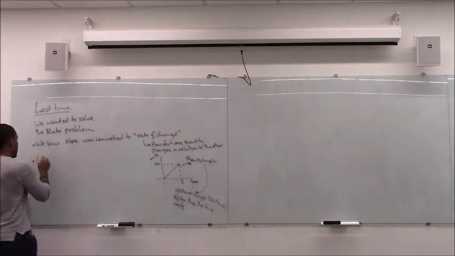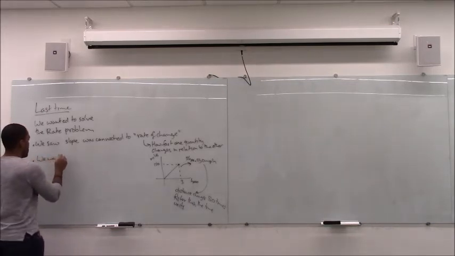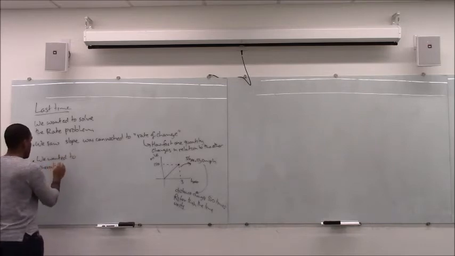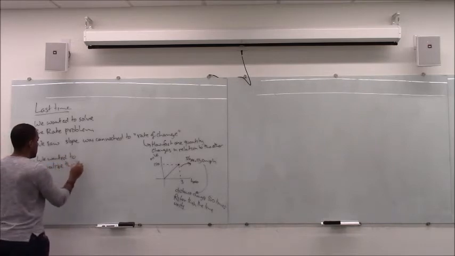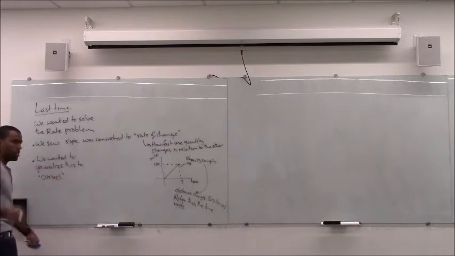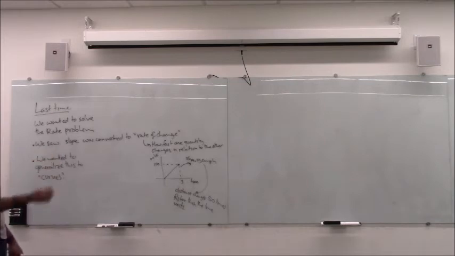We wanted to generalize this to things that aren't straight lines, to curves, right? So if I have some random function, can I do the same kind of examination? Is there some way to find a slope so that I can talk about this moving faster than that, or that moving faster than this?